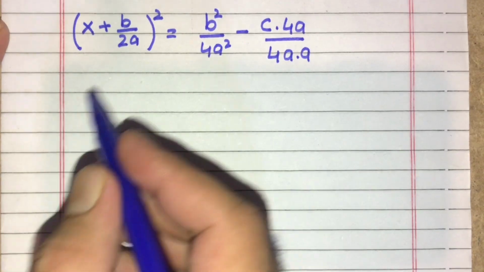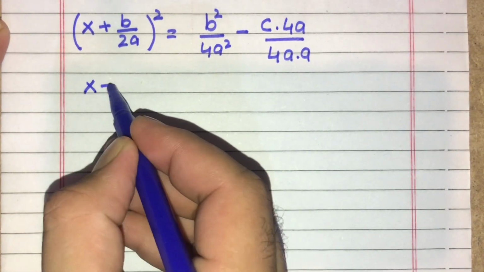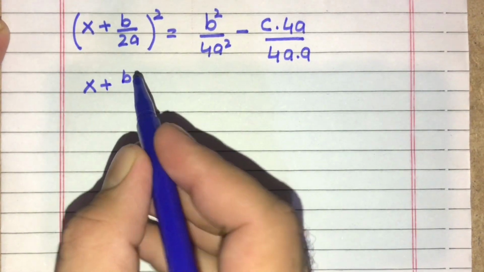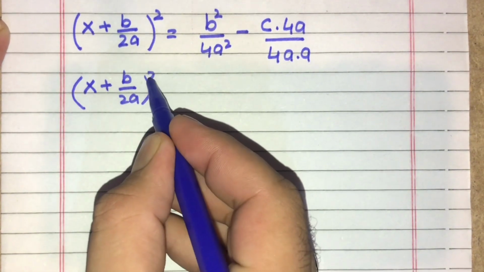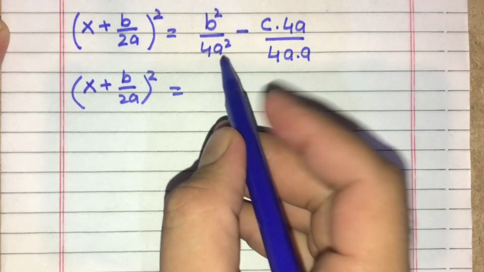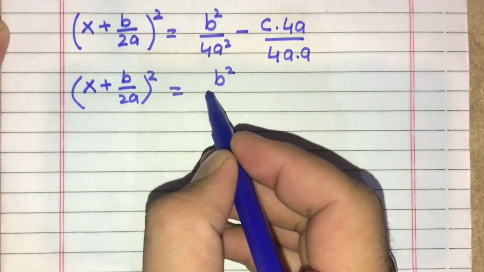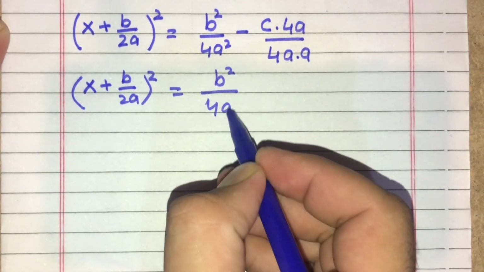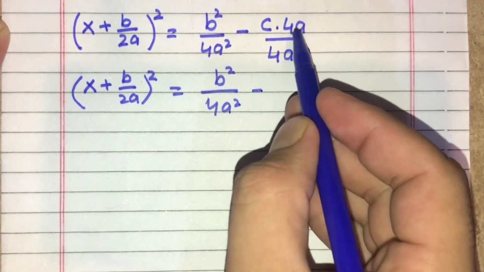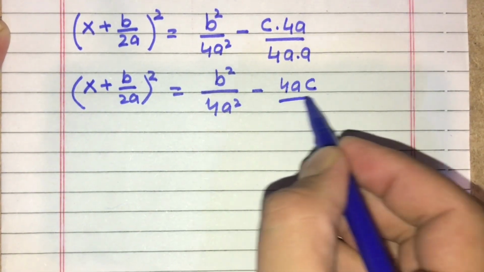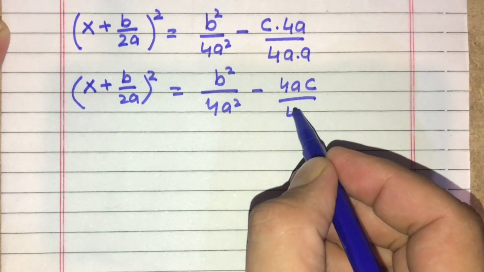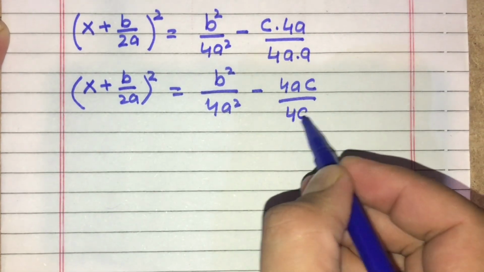So we will have x plus b divided by 2a whole squared on the left hand side, while on the right hand side we will have b squared divided by 4a squared minus, this becomes 4ac divided by, in the denominator we will have 4a squared.